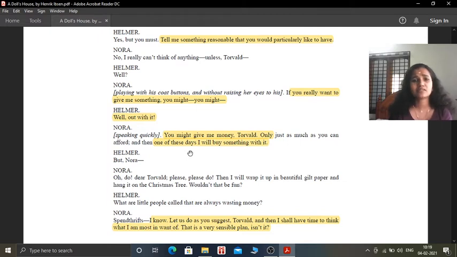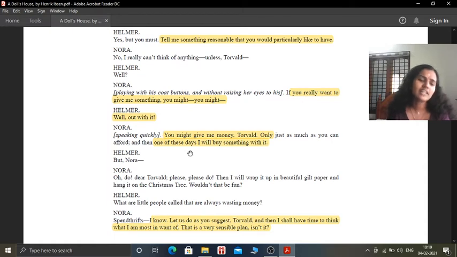This kind of practice I have seen somewhere. So here also she said, anyway, give me the money. That is the gift that you can give me now. I will wrap it in gift paper and hang it on the Christmas tree. That will be fun, you know. Helmer, what do they call little people who are always wasting money?